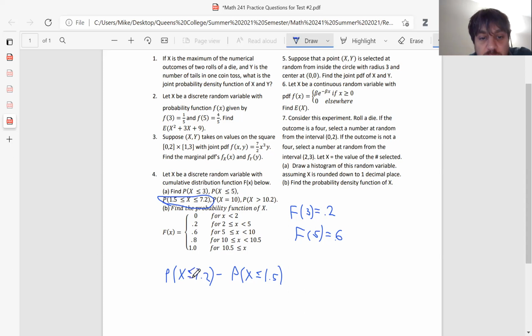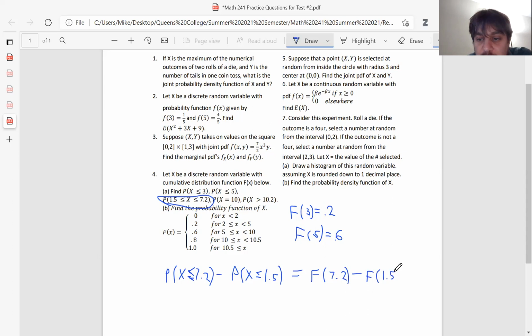It's a continuous random variable, so the probability of any one particular value is 0. That's why we can ignore the endpoints. So this is capital F of 7.2 minus capital F of 1.5.